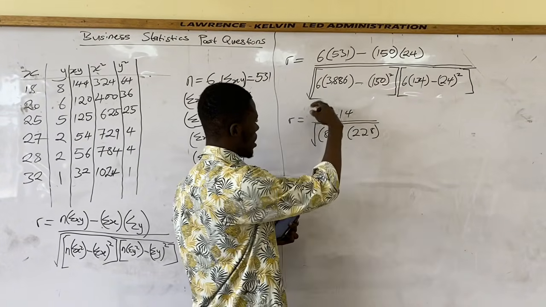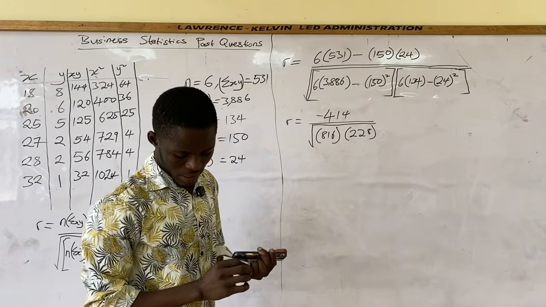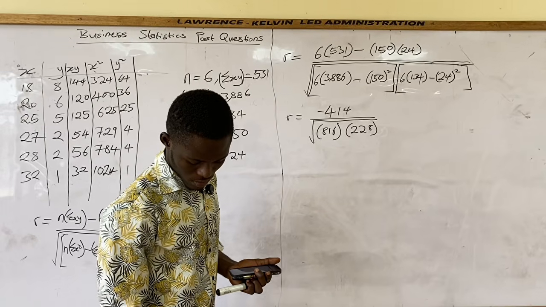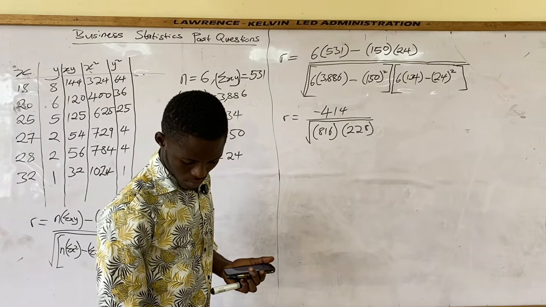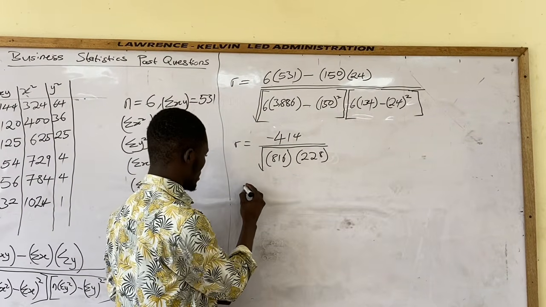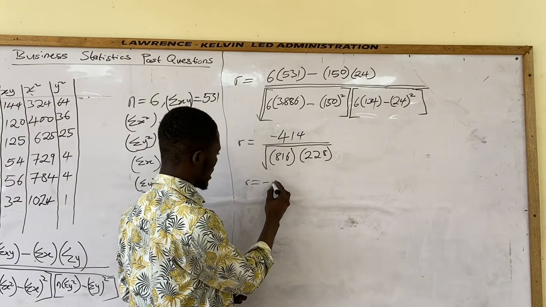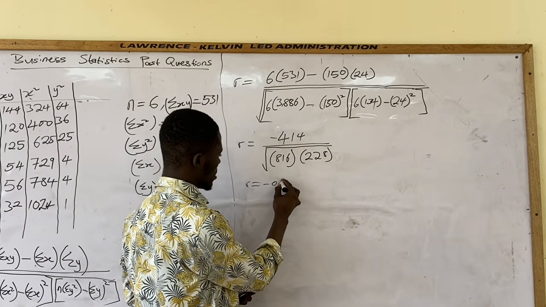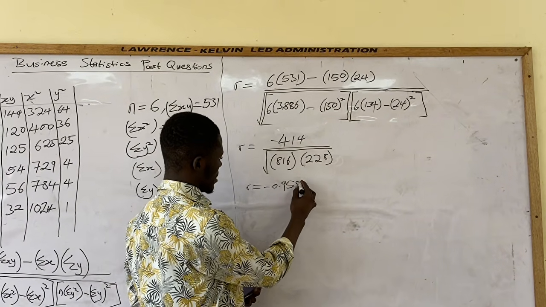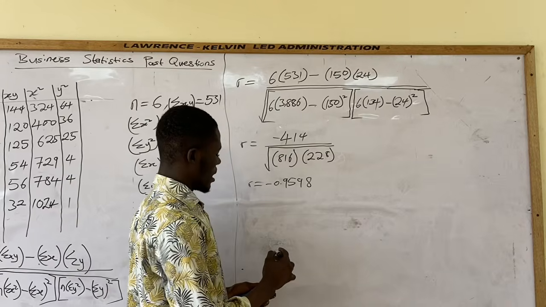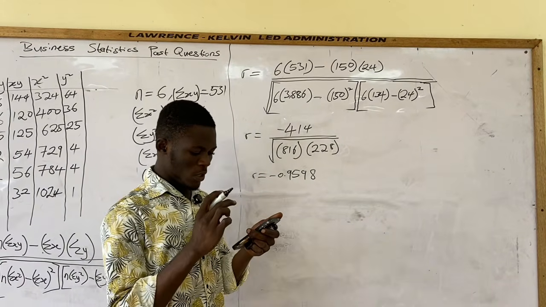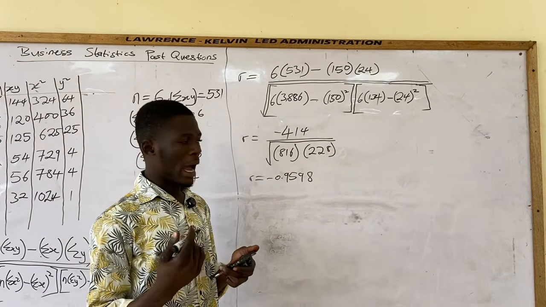Now let's put the whole of this into the calculator again and see what we will get. So our final answer is r equals negative 0.9598.